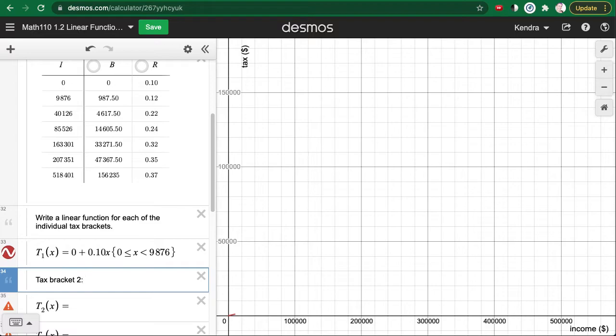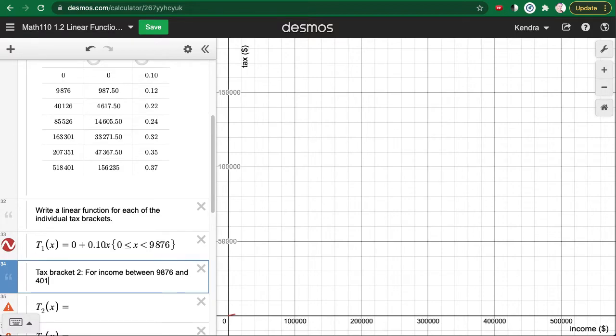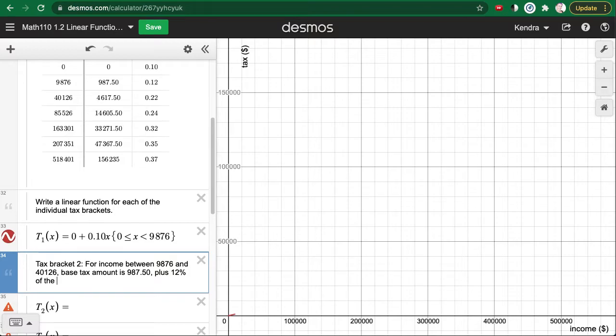This is for income between 9,876 and 40,126.